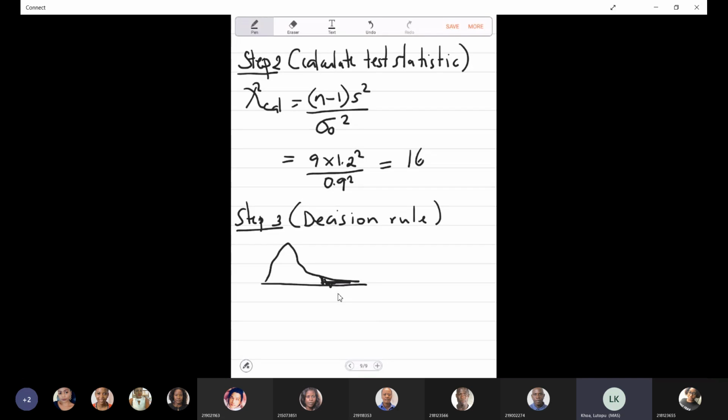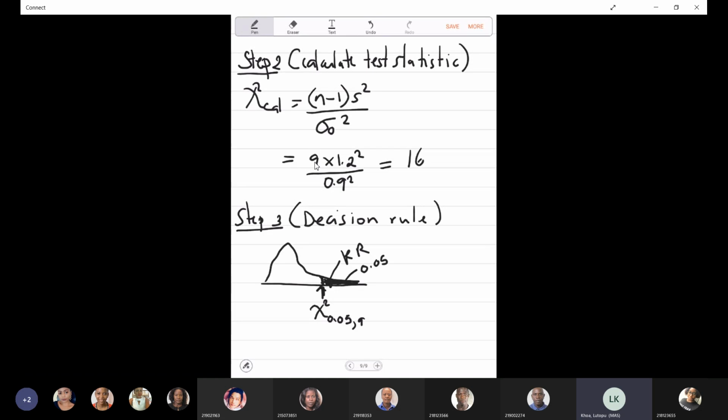This will be our rejection region, and the rejection region has an area of 0.05. So what we're looking for is this value here, and this is just chi-squared 0.05, and then the degrees of freedom is just 1 less than n. So here our degrees of freedom is 9.